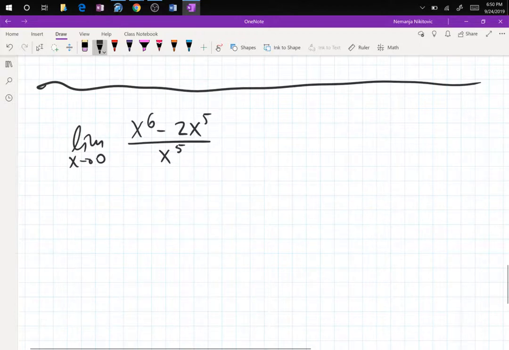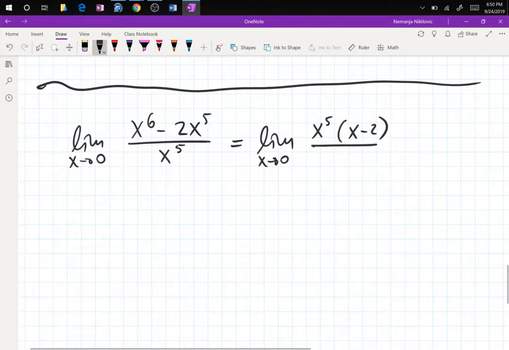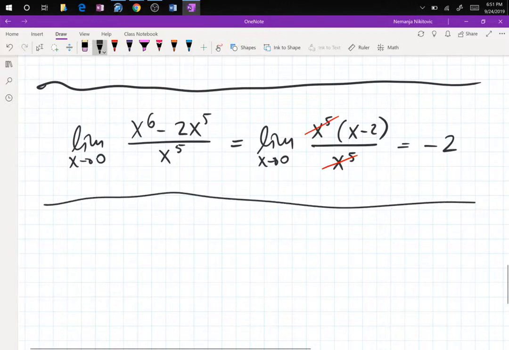We cannot plug in 0 because it creates 0 in the denominator. So what I'm going to do is factor. Now we can factor out x to the 5 in the numerator, and we are left with x minus 2 divided by x to the 5. These cancel. And now when I plug in 0, it becomes negative 2. And that should be good to go.